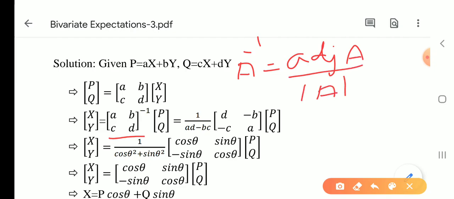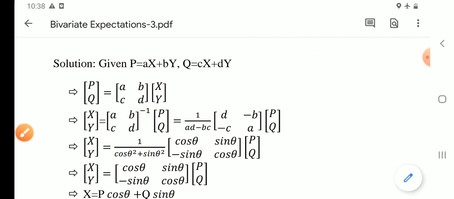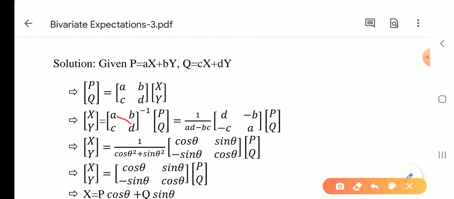So determinant of A is nothing but AD minus BC, that is written here. Adjoint of A for a simple 2 cross 2 matrix can be written by interchanging the elements of the principal diagonal. That is, in the place of A we will write D, in the place of D we will write A, and we will change the sign of the other diagonal.